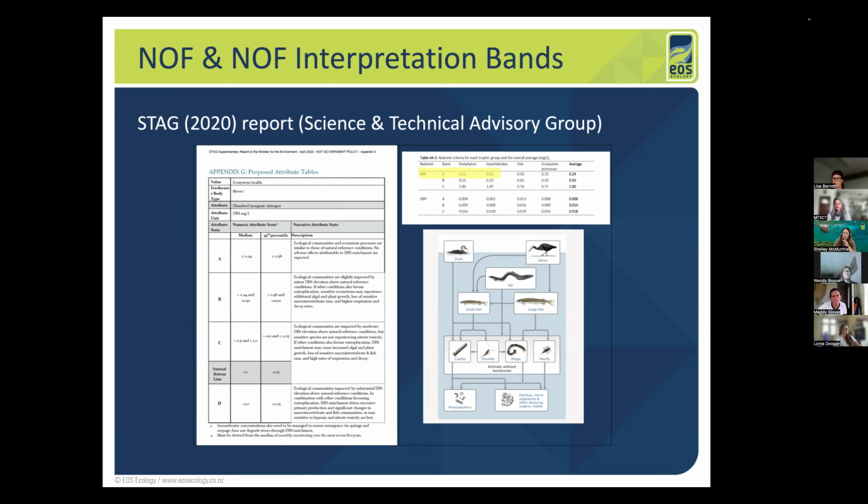I think that's really important to bear in mind, regardless of whatever guideline value is recommended or that you end up using, that there are effects that start to occur in different parts of that food chain, despite the single value that's given.